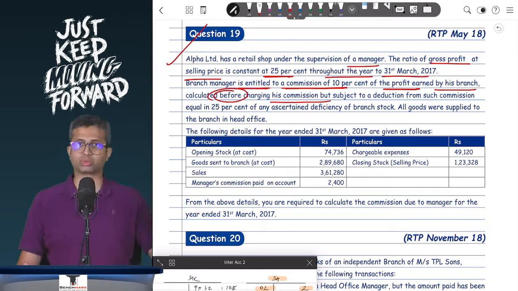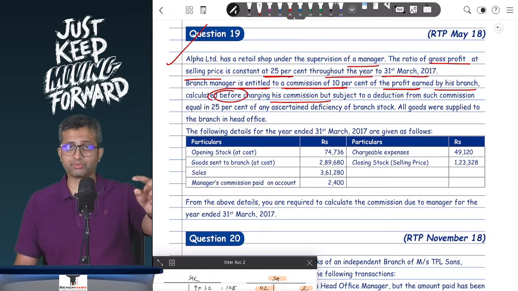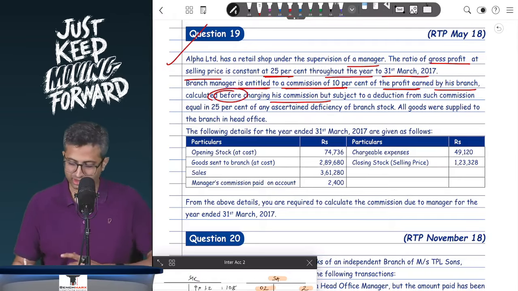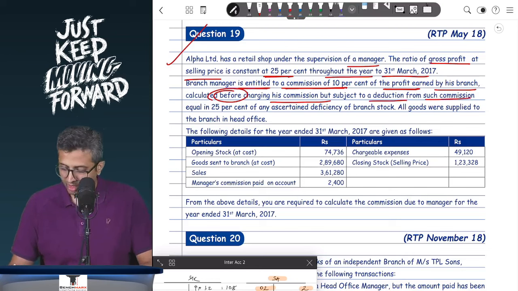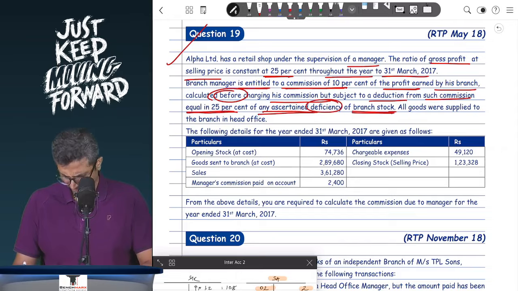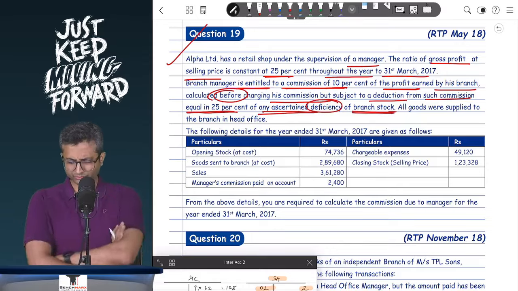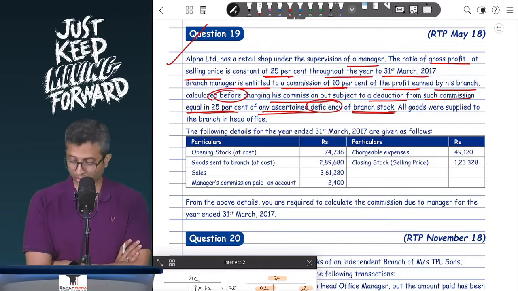The last question we had done, 10% of the profit after charging commission. This is before, subject to a deduction from such commission equal to 25% of any ascertained deficiency in the branch stock. Deficiency can be something like a shortage from branch stock.